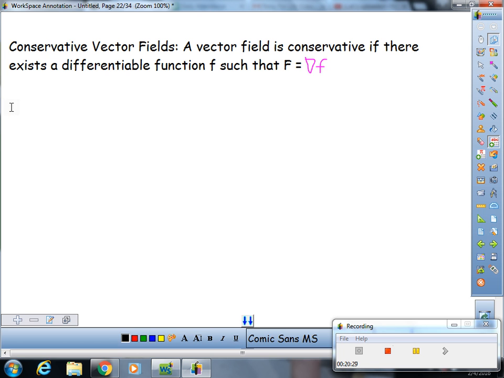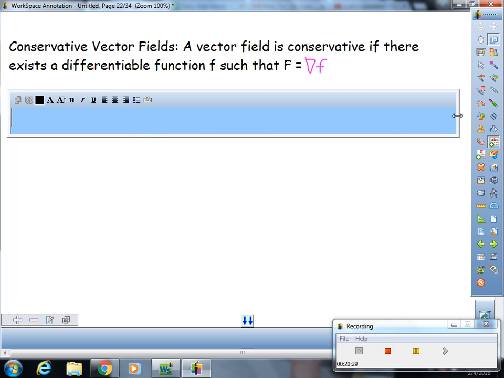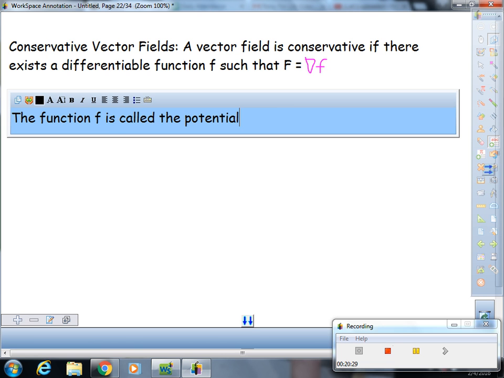The function f is called the potential function.